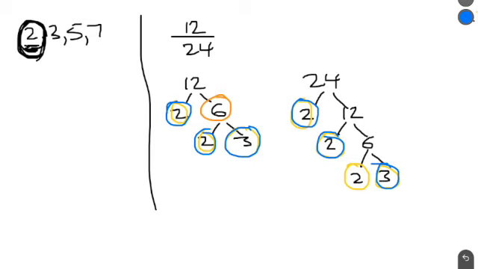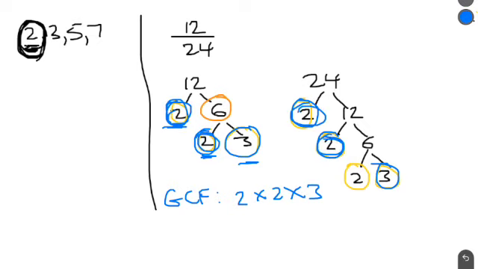So our greatest common factor is 2 times 2 times 3, and the answer is 12. So 12 is common in both 12 and 24, and 12 is our greatest common factor.